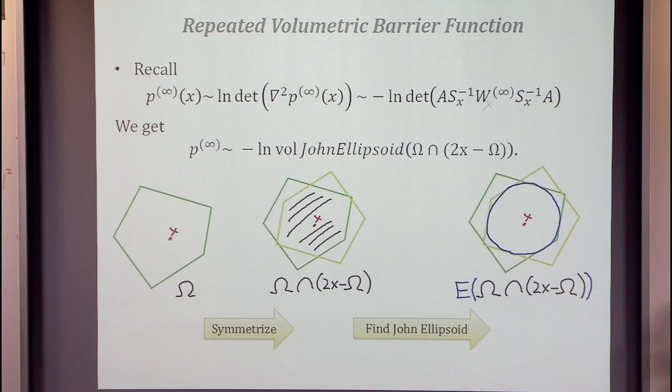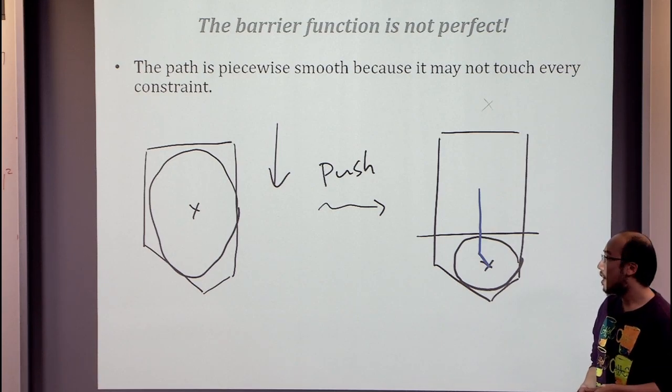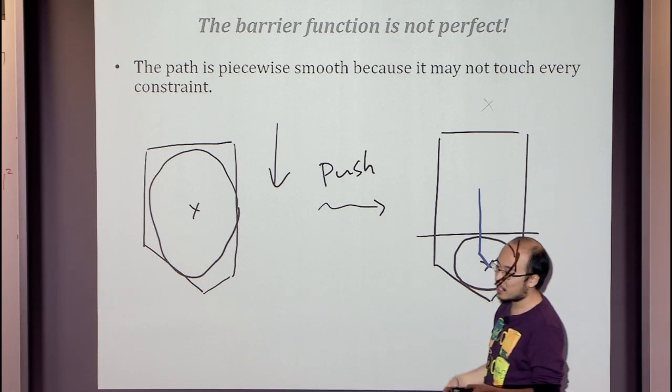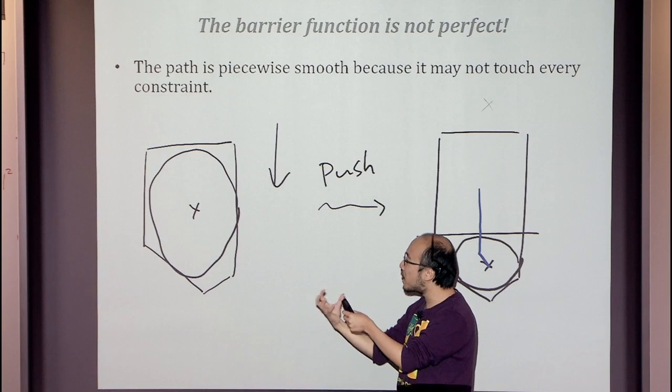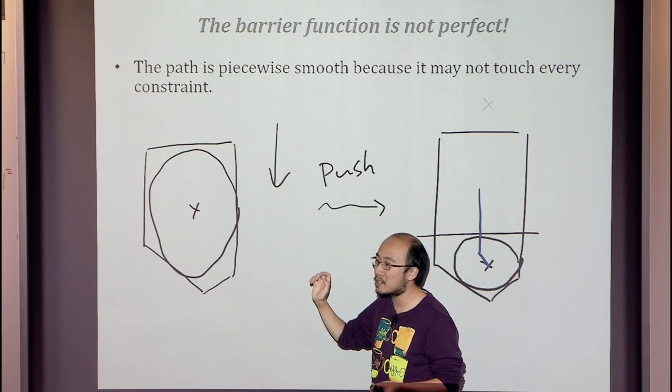This is the barrier function you get when you repeat the process. But this barrier function is not perfect. In particular, it is not smooth. Each time you compute a John ellipsoid, but the John ellipsoid is not a smooth object.